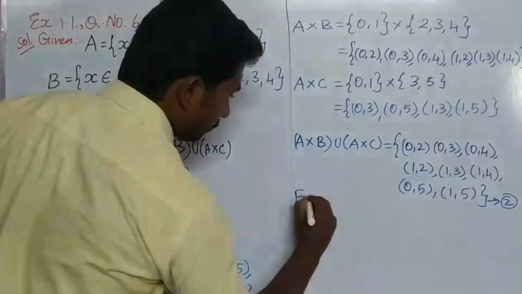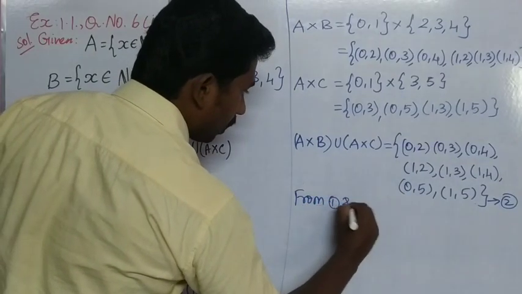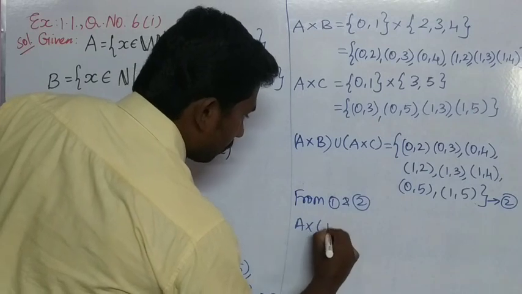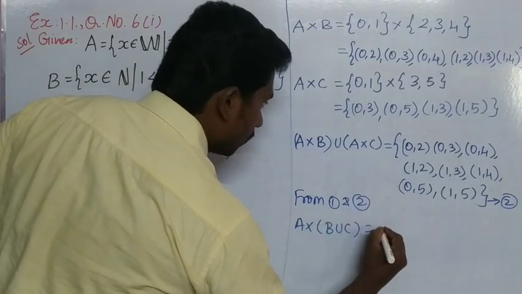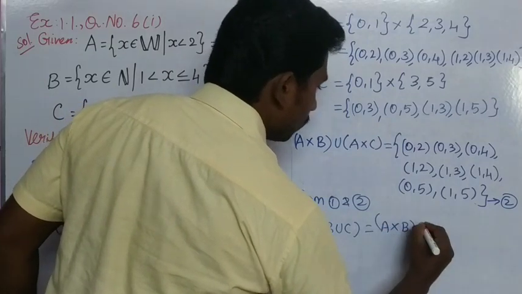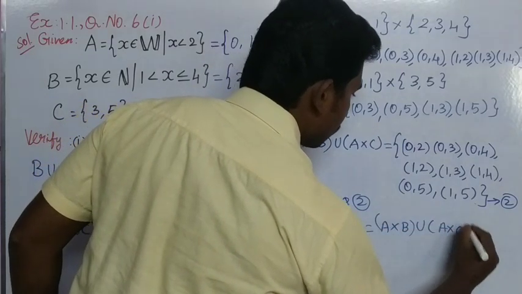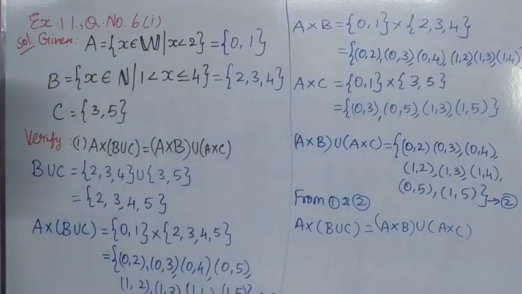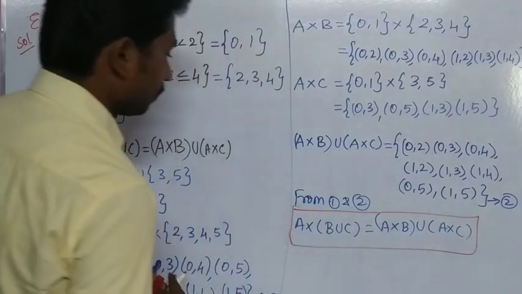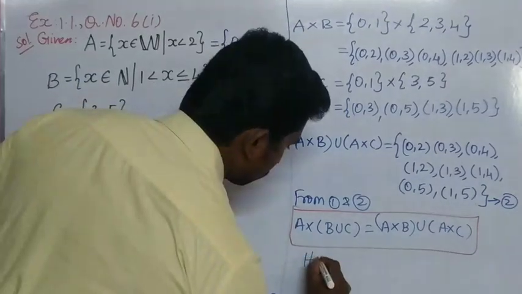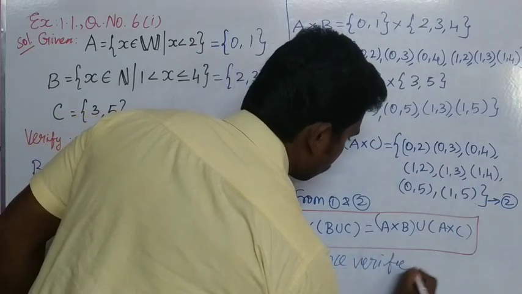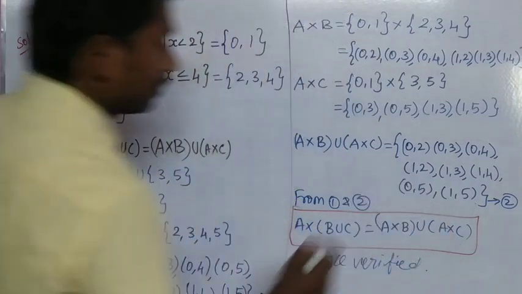Therefore from equation 1 and 2, A cross of B union C is equal to, the RHS, A cross B union A cross C. So hence verified. Okay, thank you students.